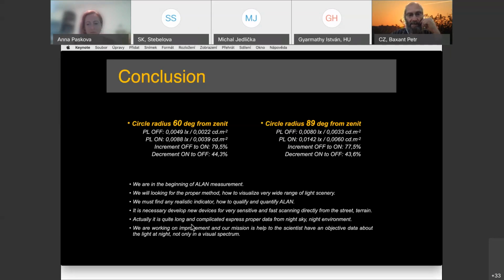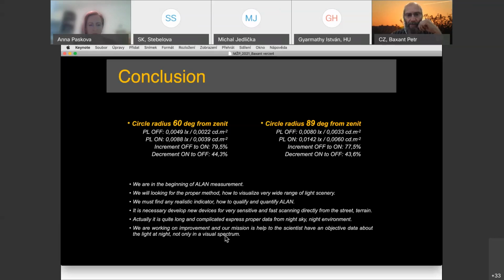not only in the visual spectrum, because I think the visual spectrum is not the target of our measurement, and we must also focus on other types of spectrum, especially melanopsin sensitivity and the effect on circadian rhythm, not only of humans, but of course of plants and other species in a night environment.